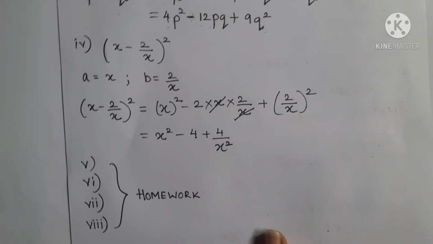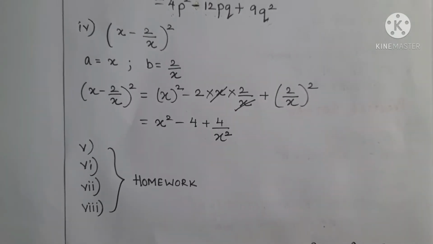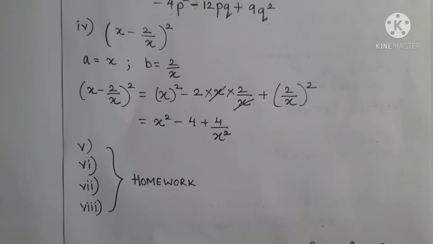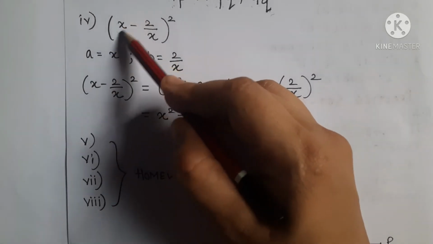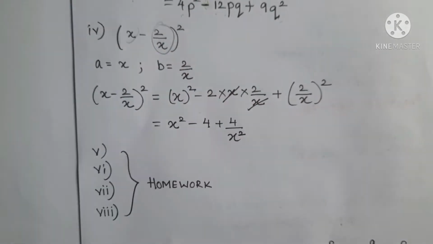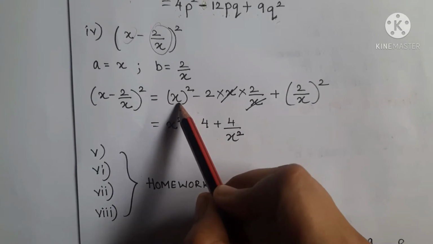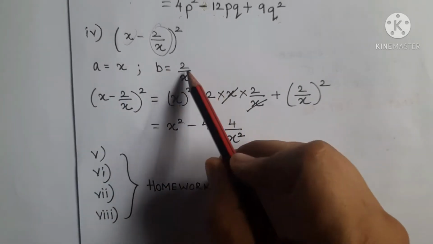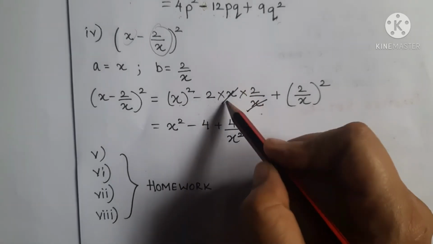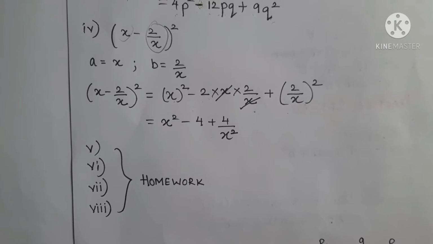Next, fourth sum, x minus 2 upon x the whole square. So, x minus 2 upon x the whole square means your A term is x and your B term is 2 upon x. So, that is equal to x square minus 2 into x into 2 upon x plus 2 upon x the whole square.